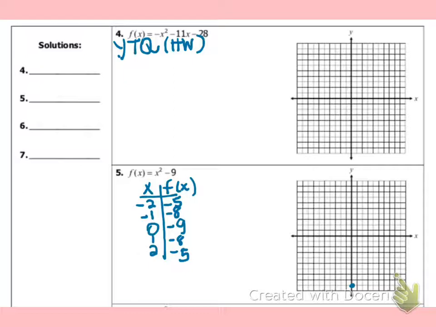So plotting some of these points, we'd be at (-1, -8), that would be right here. We'd be at (1, -8), which is there. At -2, we'd be at -5, and also for +2.